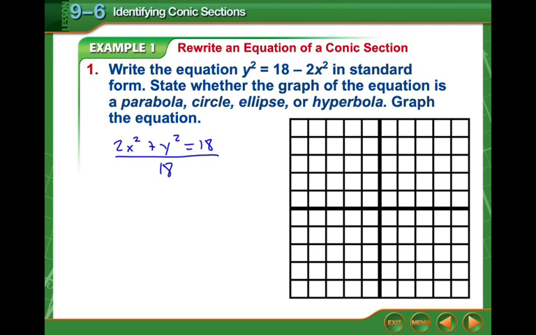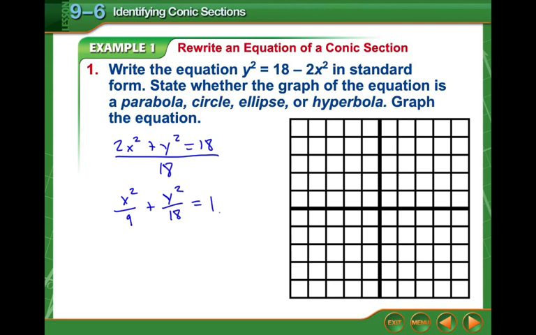Doesn't have to be. But also, we don't have coefficients in front of our x's and y's. So the 2 in front of our x squared tells me I need to divide this 18 out. And 2 over 18 is 1/9. So we just have x squared over 9. Y squared is still over 18. And 18 over 18 is 1. So now we have it in as much of a standard form as we can.